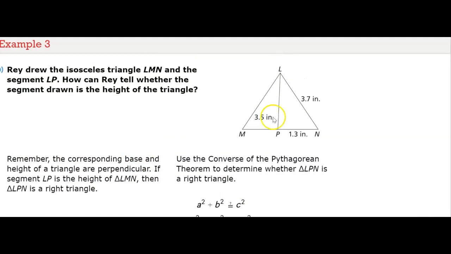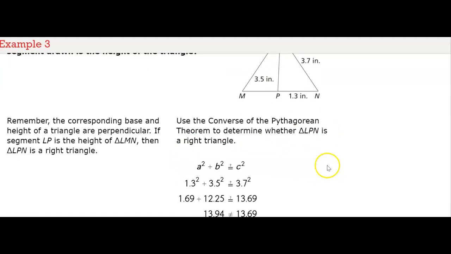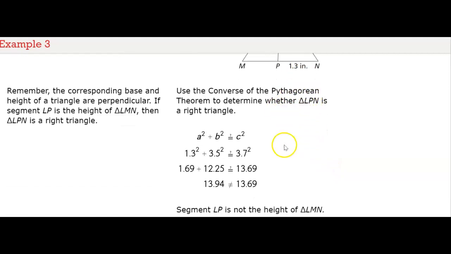If segment LP is the height of the triangle LMN, then triangle LPN is a right triangle. So we have LPN, that is a right triangle. Use the converse of the Pythagorean theorem to determine whether triangle LPN is a right triangle.